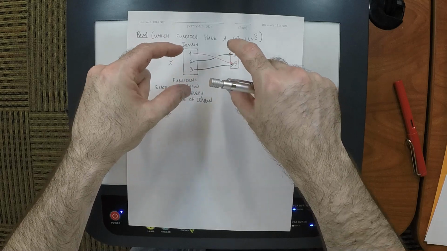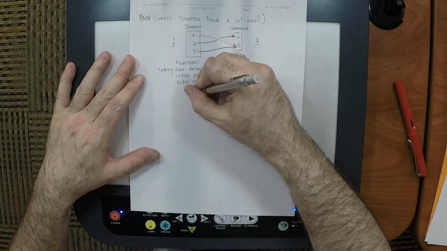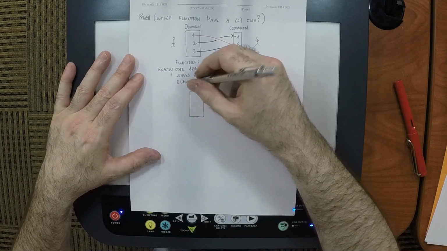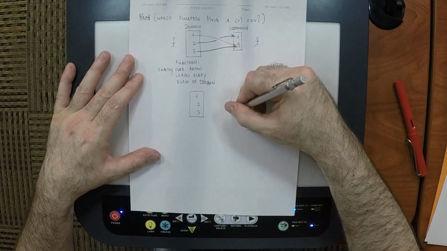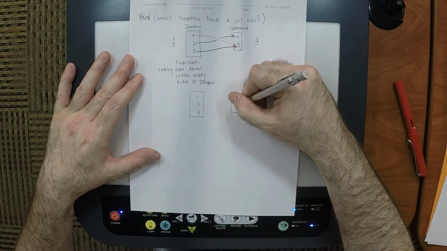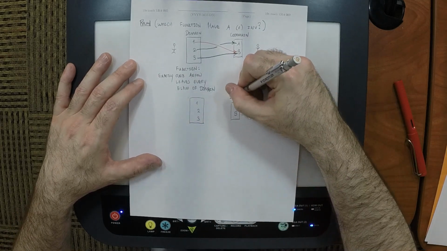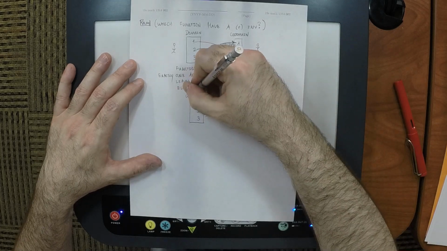So now, here's a function, and what we're going to do is make a modification to this machine. I'm going to make a copy of it, exactly the same machine, except now I'm going to say that this is the domain, and this thing over here is the codomain.